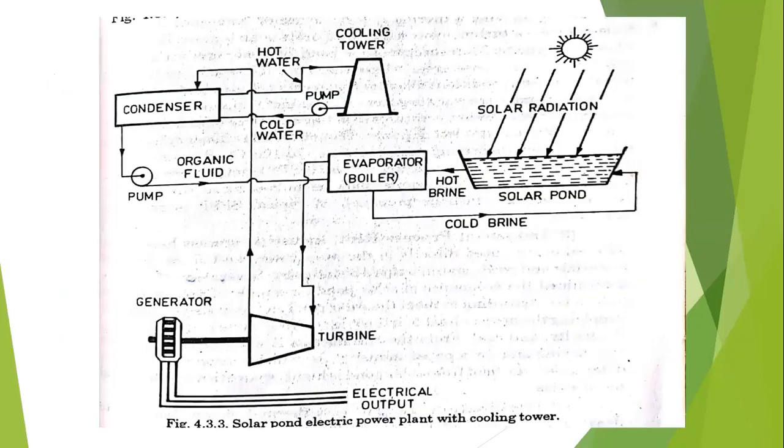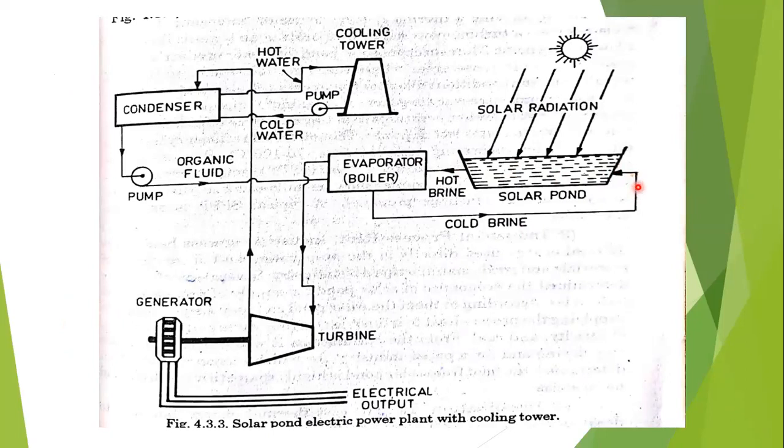If you see this figure, we can understand how we are using this solar pond for our electricity production purpose. This is the hot brine. This is the cold brine. Both should be at almost equal levels.